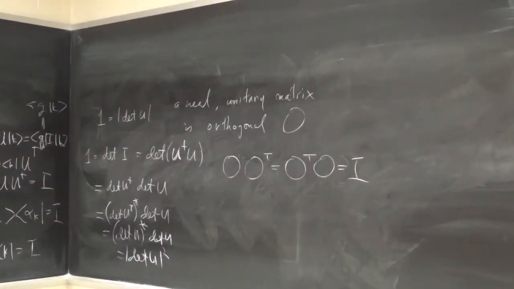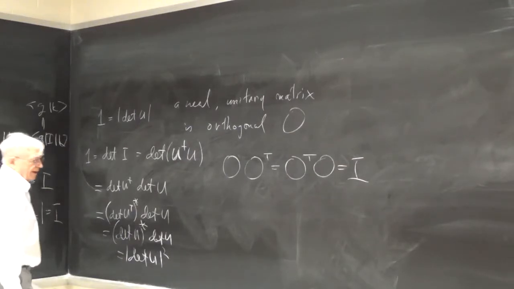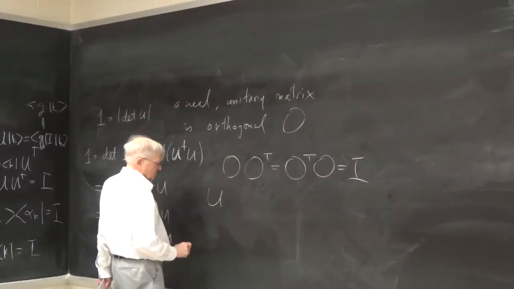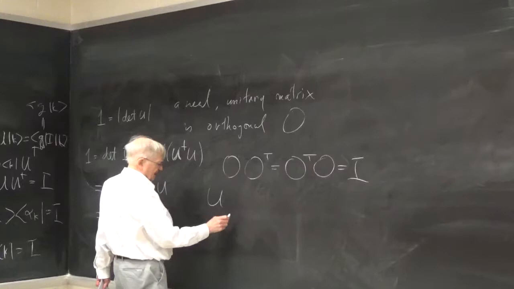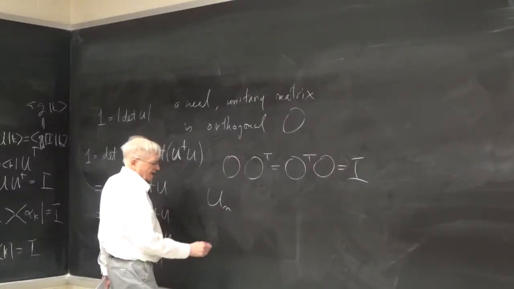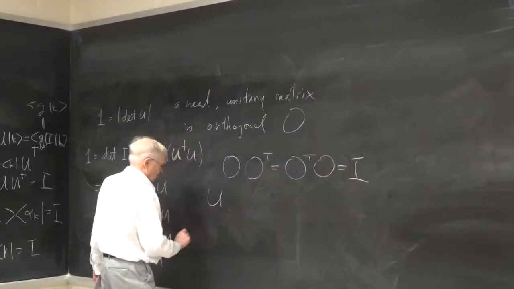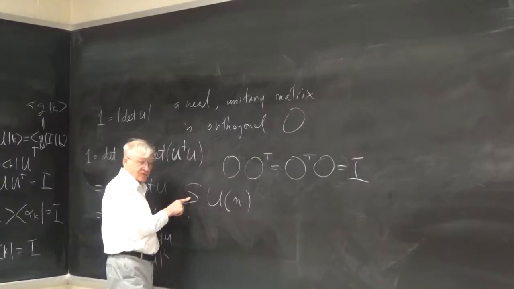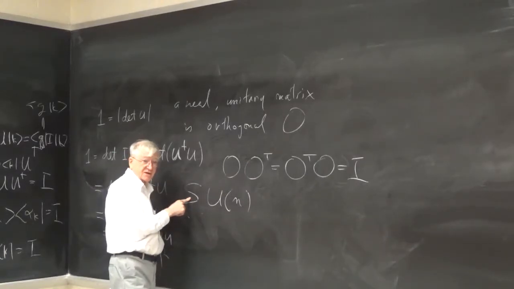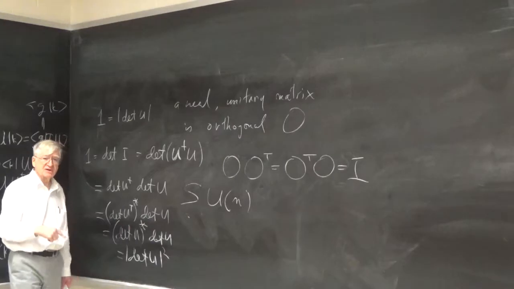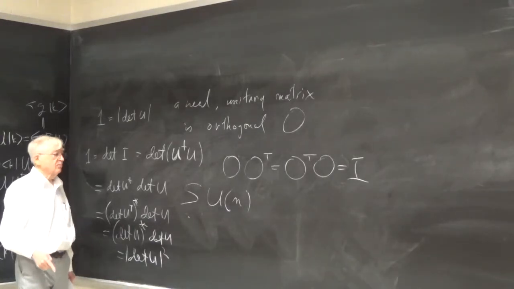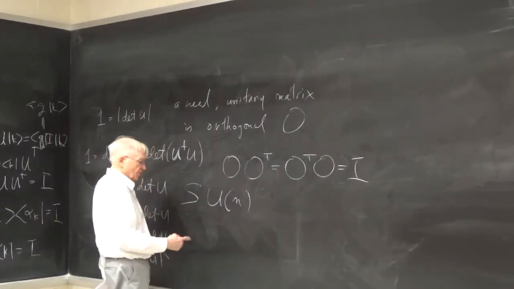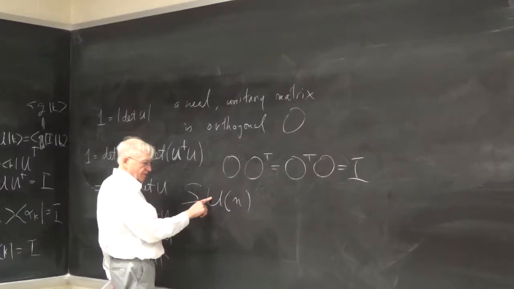They were analyzed by, oh gosh, I forget his name. Anyway, he talked about them as the groups of n by n unitary matrices, and he called those the groups SU, and S for determinant 1. So the absolute value of the determinant of a unitary matrix is always 1, but some unitary matrices have determinant 1, and they form a group.